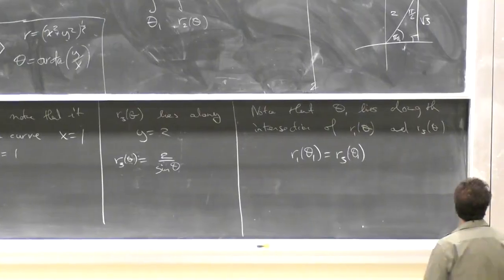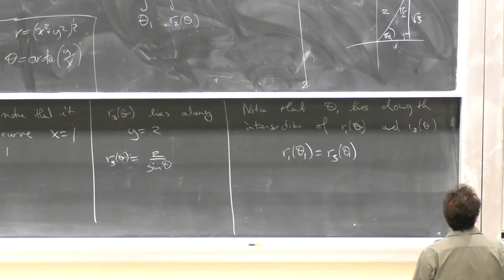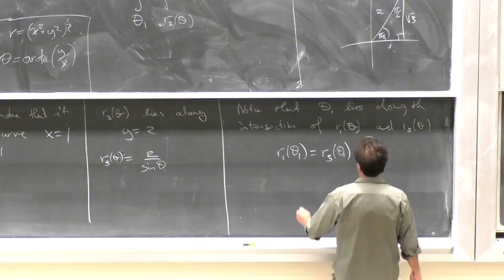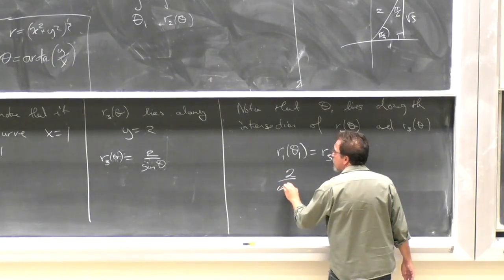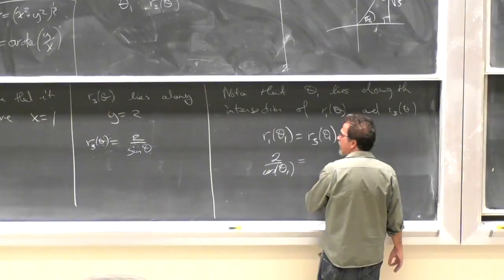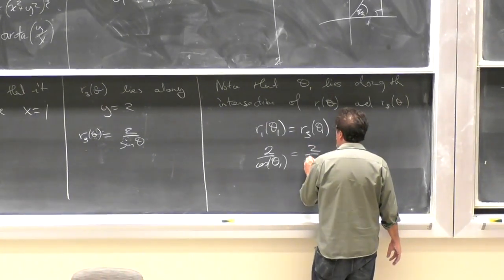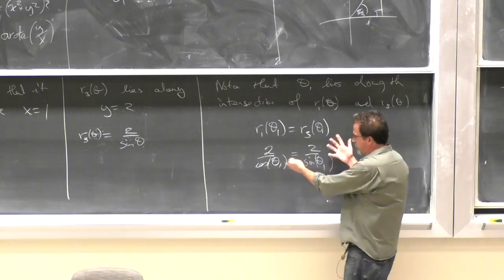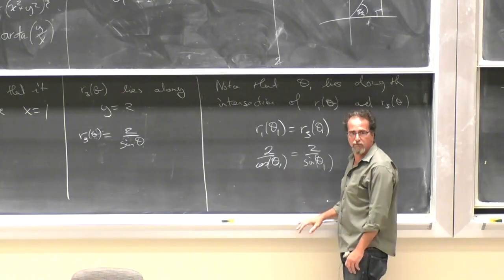Okay? So R1 of theta 1 is 2 over cosine theta 1, and R3 of theta 1 is 2 over the sine of theta 1, which says that if you solve this, sine of theta 1 equals cos of theta 1.